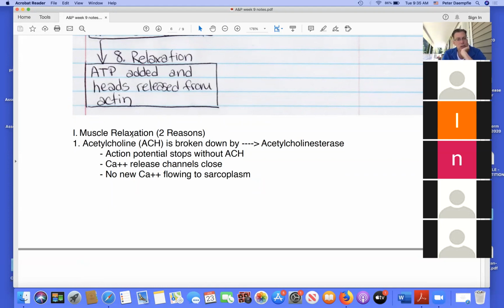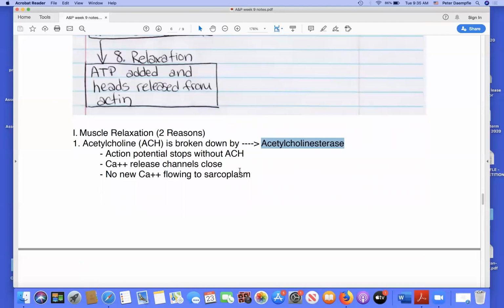Muscle relaxation is achieved by getting rid of the acetylcholine. So acetylcholine esterase is the chemical that gets rid of the acetylcholine and stops the action potential. You got to stop the action potential, right? So acetylcholine esterase is what? An enzyme, ASE. It breaks down the acetylcholine.